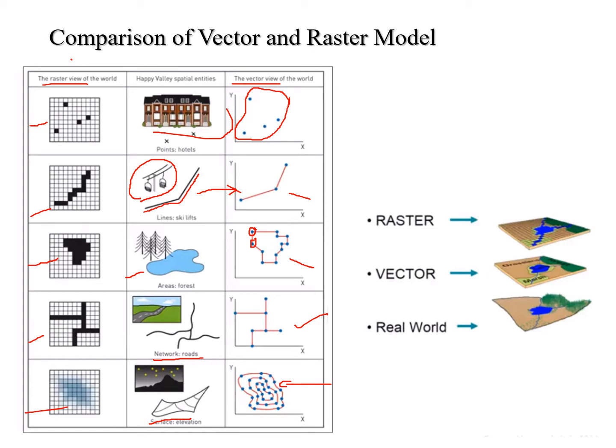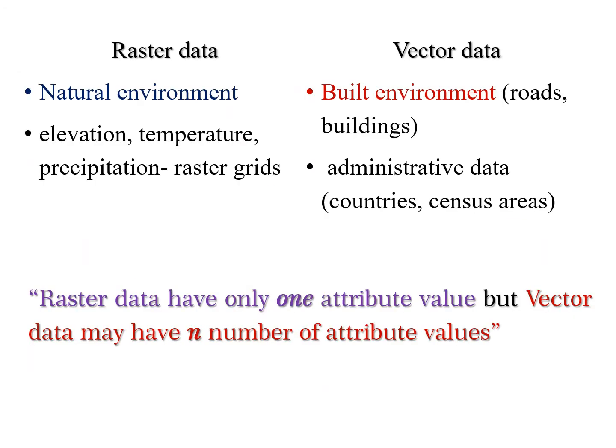So what we have here is that the real world can be expressed in point form, line form, area form, and sometimes surface or three-dimensional form, in both ways, either raster or vector.